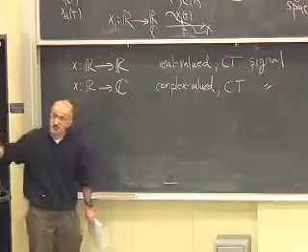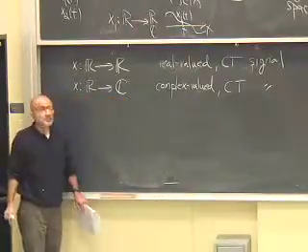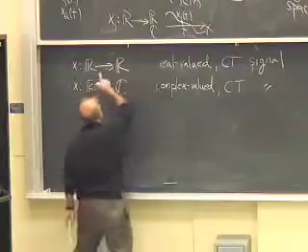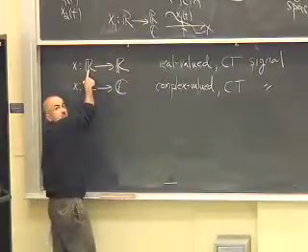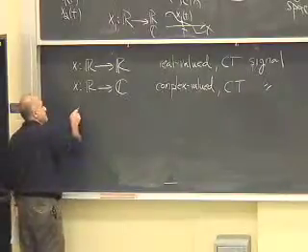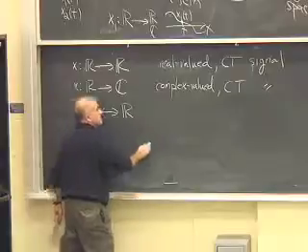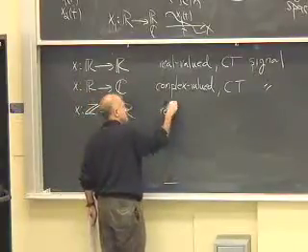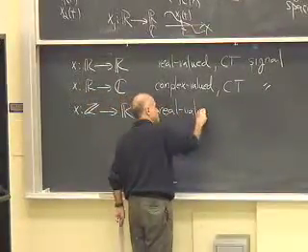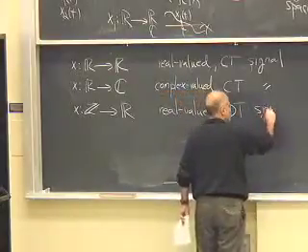If I'm measuring the thickness along a pipe or a rod, then this won't be time, this will be space. If I say x is from the integers to the reals, then I'm talking about a real value, discrete time signal.